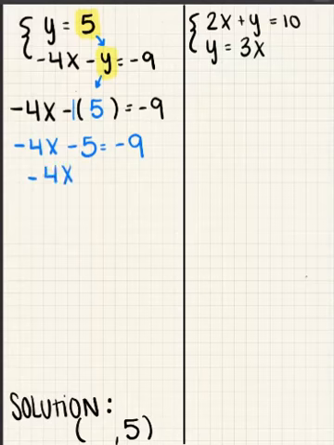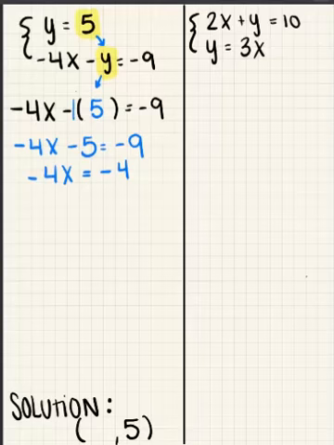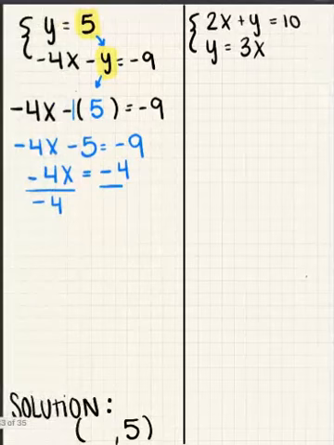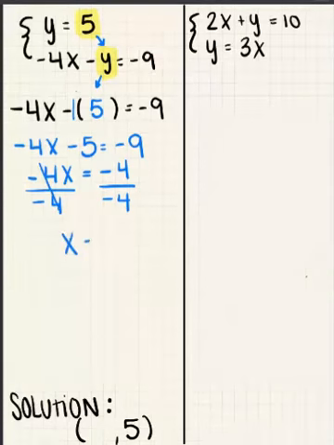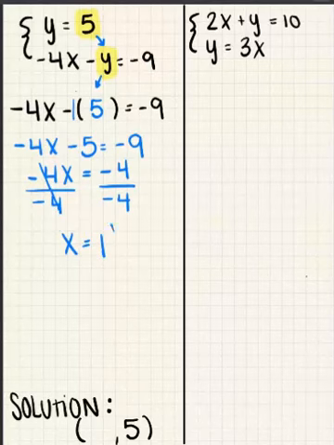So I'm going to move the 5 to the other side with addition. Negative 9 plus 5 is a negative 4. And this tells me that negative 4x is equal to negative 4. But I want to know how much just 1x is. So I'm going to divide both sides by negative 4. That will cancel out over here and tell me that x is equal to 1.